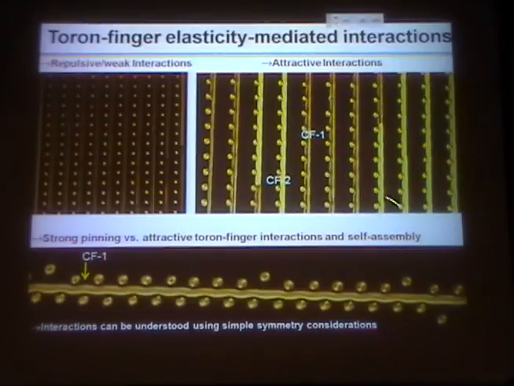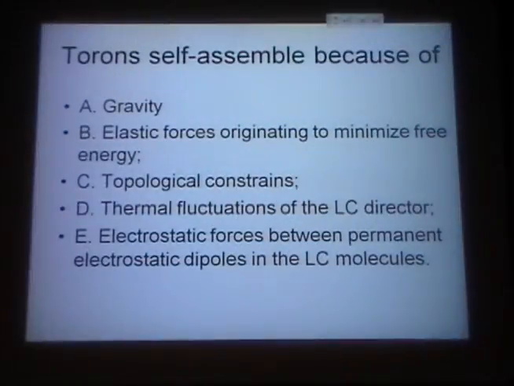And then they start interacting with each other and also interacting with fingers. Here you can see some examples of self-assembled configurations of Torons and fingers that we can observe. And my question to you is, why do those interactions occur? What drives the self-assembly in this case?